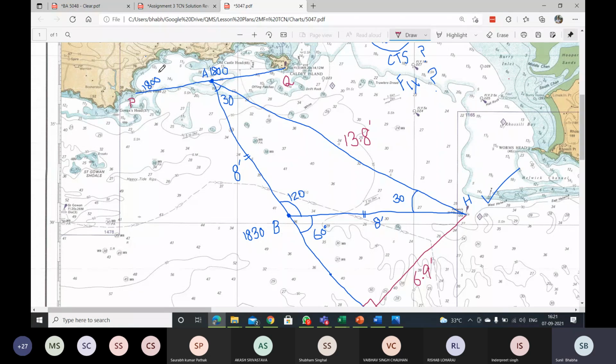Very good. Now you have to follow step number 2. Now you have to pick up your compass. Open it up, 13.8 miles.